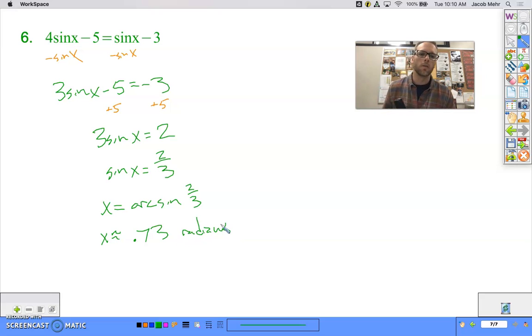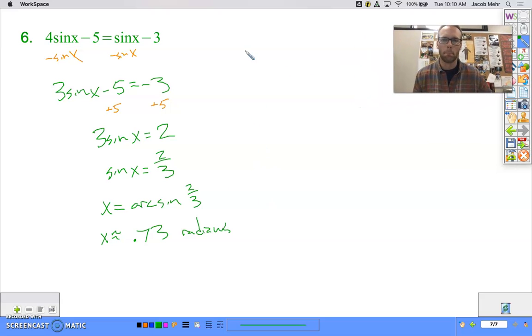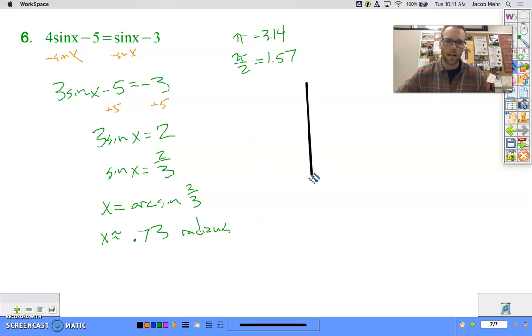Okay, now just to give me a little bit of reference, pi radians is 3.14. Pi over 2 is half of that, which is about 1.57. So if I'm at 0.73, I am in the first quadrant, right? Pi over 2 would be 1.57. 0.73 happens before that.